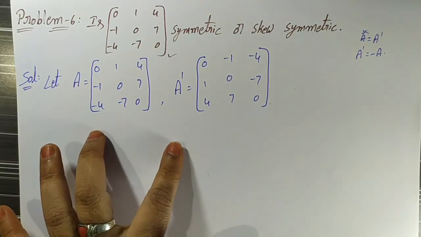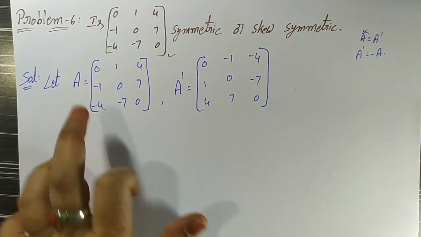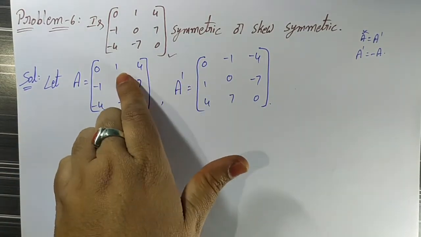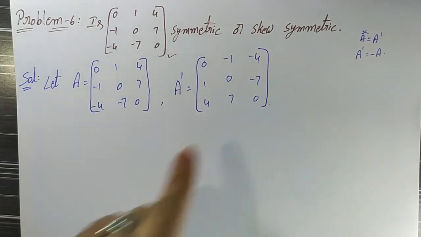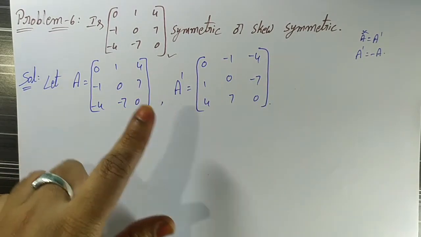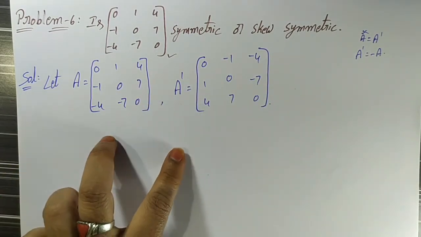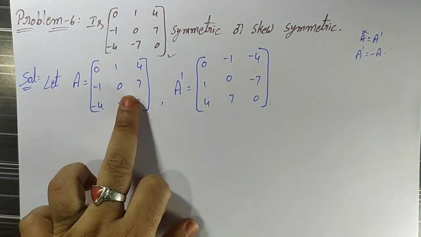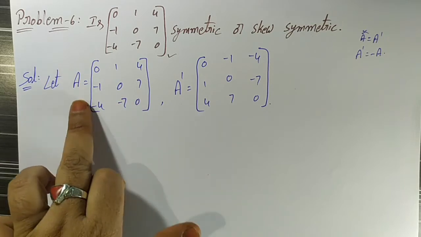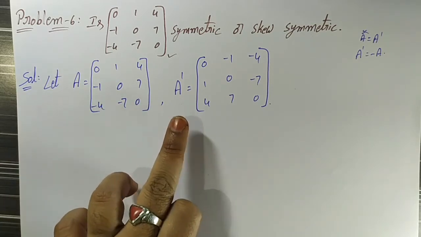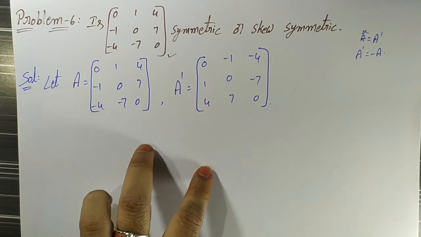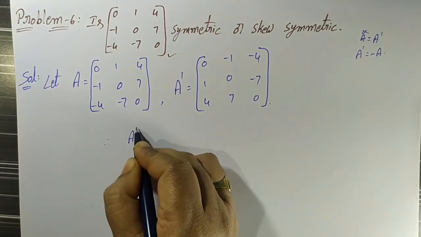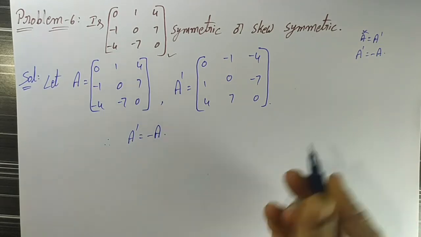By observing these two matrices, is A equal to A dash or not? 0 equals 0, but 1 is not equal to -1, and 4 is not equal to -4. So A is not equal to A dash, but A dash equals minus A is proved. By observing these two matrices, we say that A dash equals minus A.